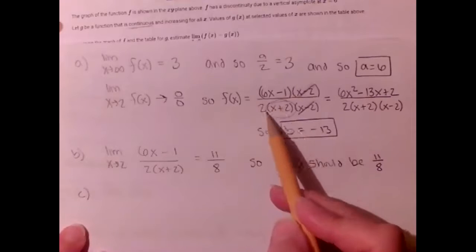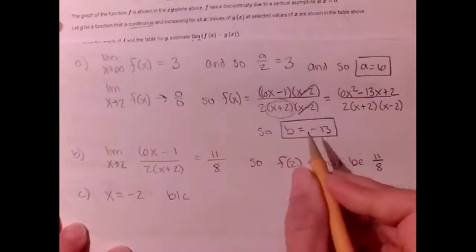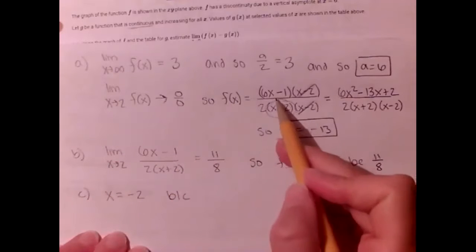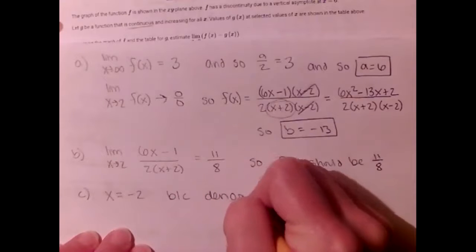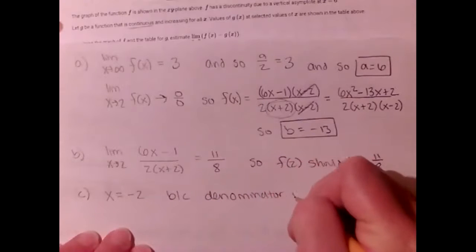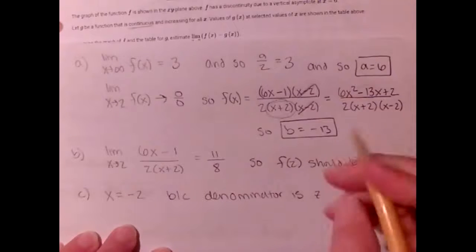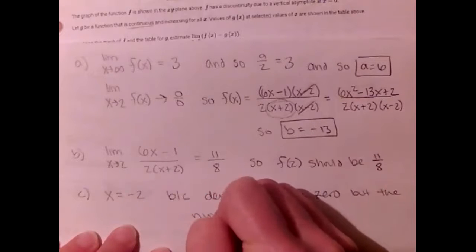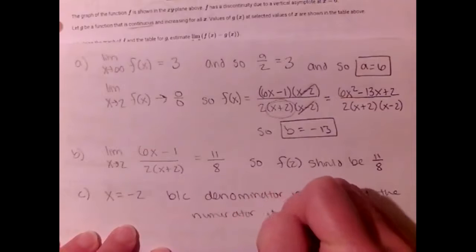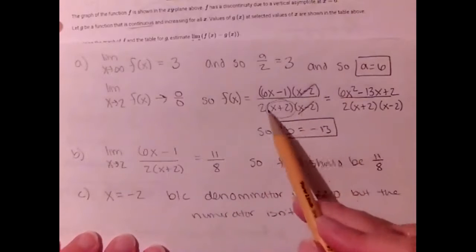Thank you, guys. That's going to have to be negative 2. So x equals negative 2, and the reason you guys are saying that is because it makes this 0. So because the denominator is 0, but the numerator isn't, that is where you would have a vertical asymptote.